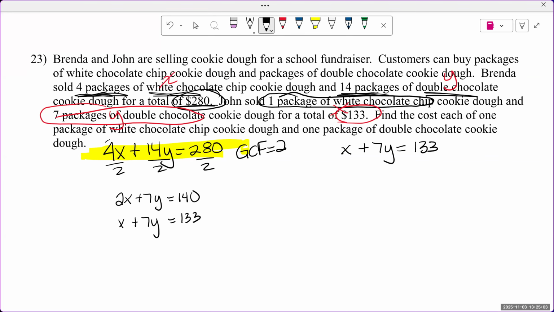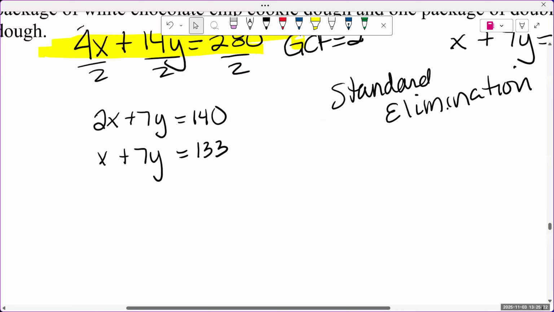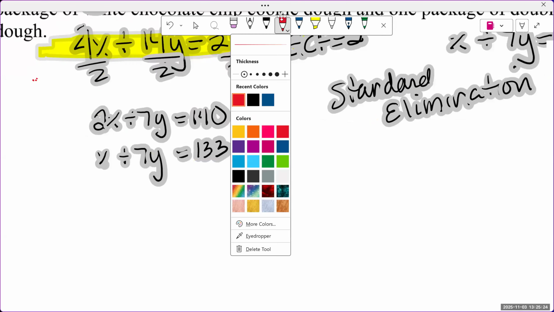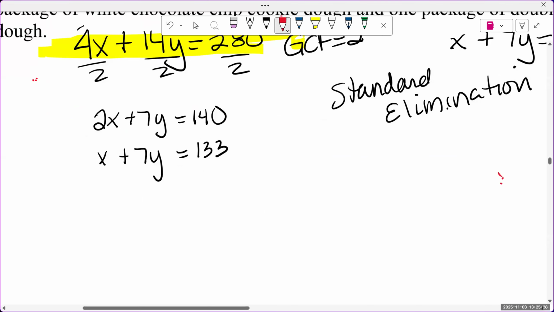Okay, so I have 2 equations in standard form. We're going to use the elimination method. So we're going to add down. So this is how we use the elimination method. Pick a variable that would be easy to cancel. You can cancel your x's, you can cancel your y's.